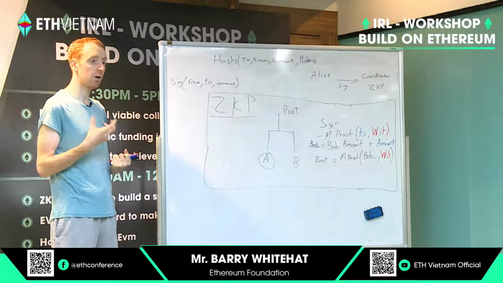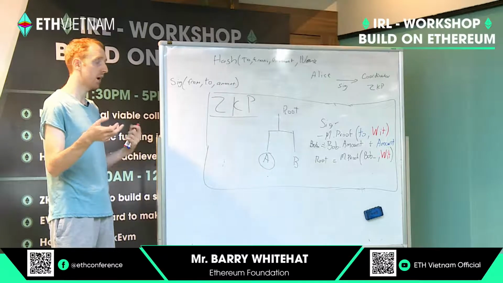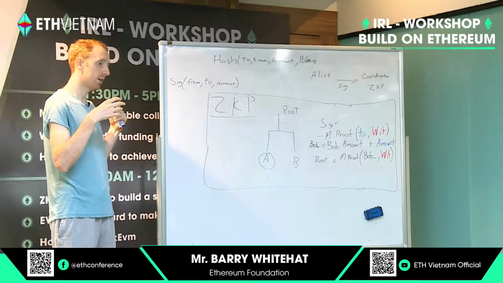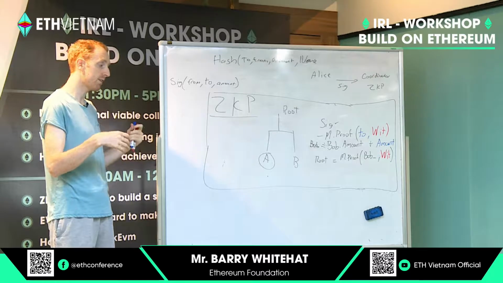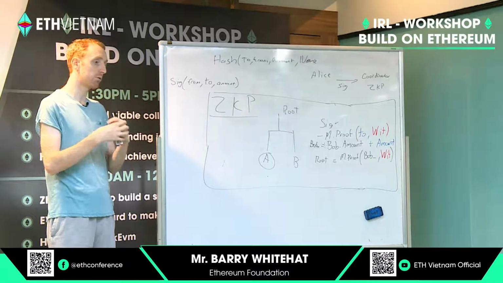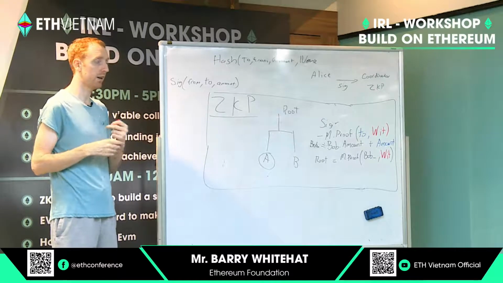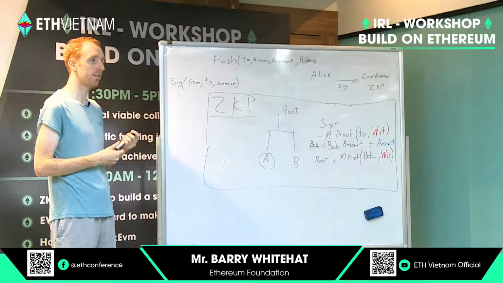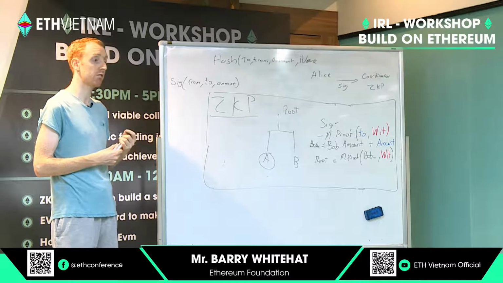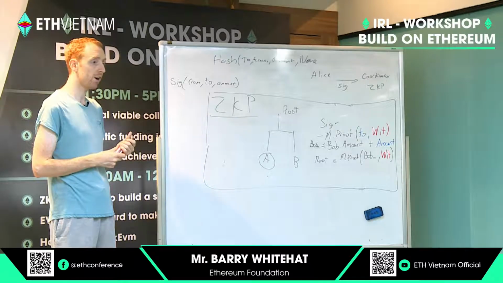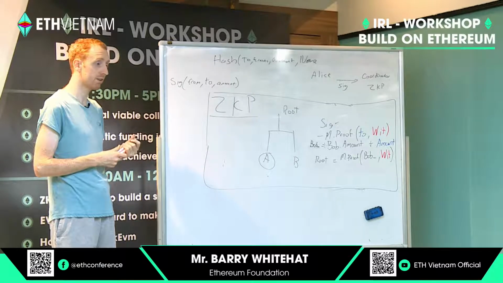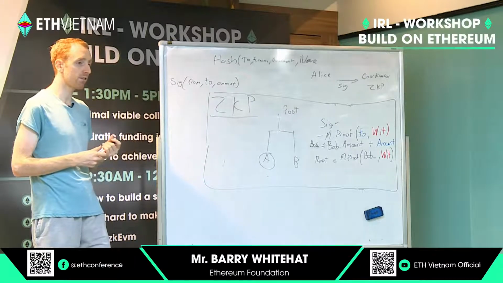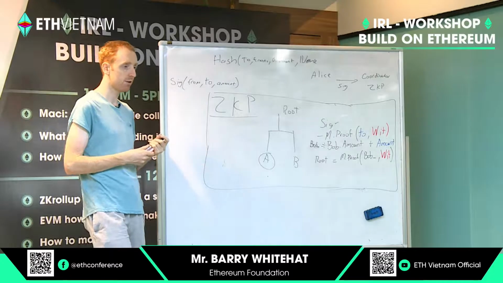Because the ZKP doesn't operate by itself. It's used by the prover, and the ZKP on its own is not a ZKRollup. We need to interface with a smart contract. And the smart contract needs to be aware of some of the things that are happening inside the system. So what kind of things does a smart contract need to be aware of?